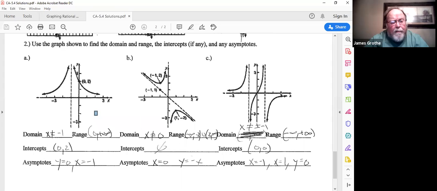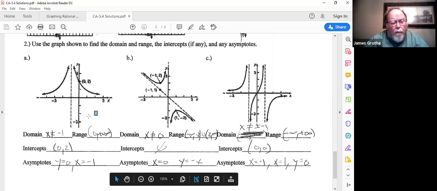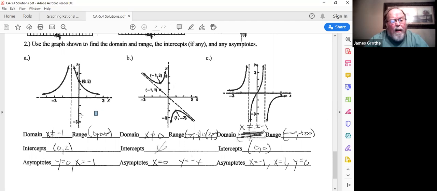The range, just like we thought of vertical lines for domain, for the range we think of horizontal lines. And in this case, horizontal lines starting at -infinity will not cross the graph. You'll see as the curve doesn't come below the x-axis. The first horizontal line that's going to cut the graph is not on the x-axis, since that looks to be an asymptote, but it'll be above the x-axis.